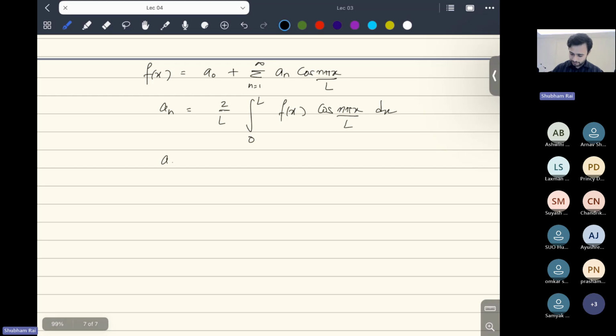And then a0 will be given by, again, 1 by L, going from 0 to L, f of x dx. Initially it was 1 by 2L, so it will also double, so it will be 1 by L, and initially it was going from minus L to L, now it will go from 0 to L. Okay.